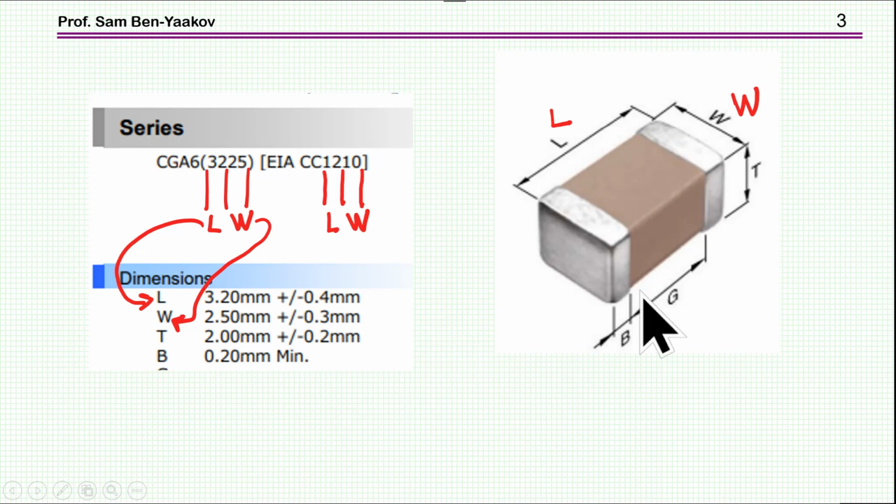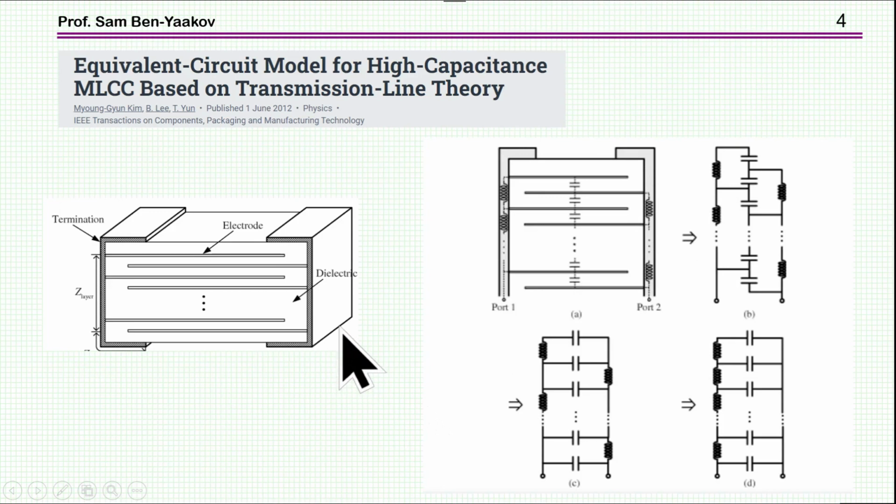Notice that there is no indication of the thickness, and the thickness may vary between packages and in fact between manufacturers. Now, recent ceramic capacitors, the multi-layer capacitors, are rather complex and intricate. This is a cross section. You have electrodes, and you have the dielectric material in between.